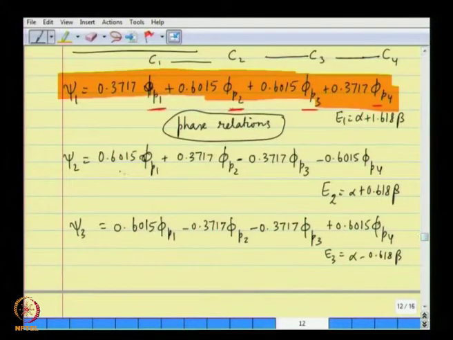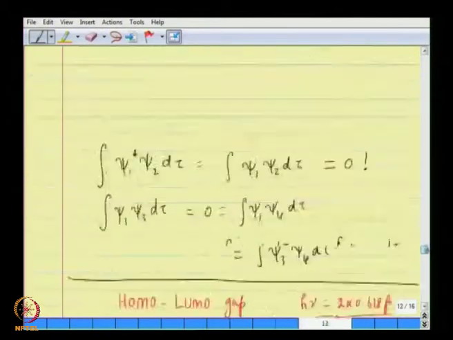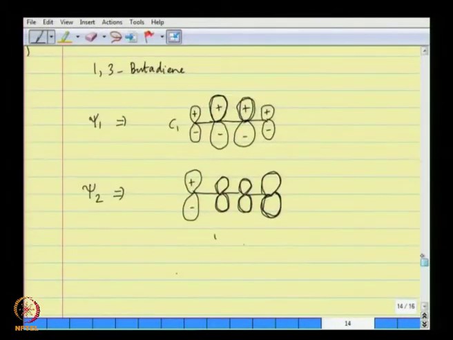The signs are plus plus minus minus. Therefore you see that the wave function changes sign from this carbon 2 p orbital to this carbon 3 p orbital.